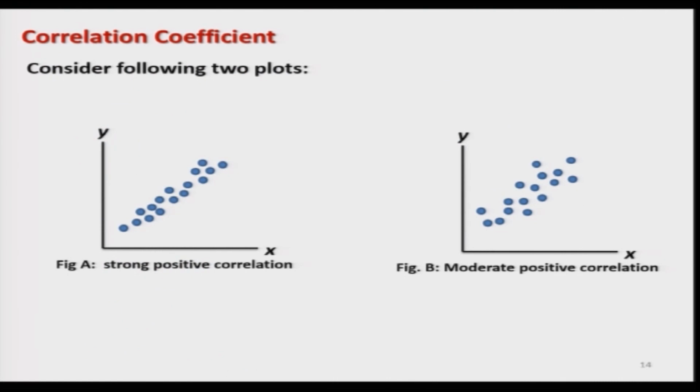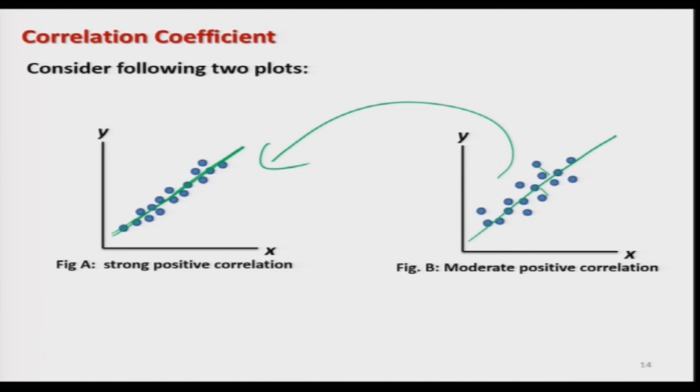Right. Now, if you consider these two pictures, they will give you an idea of the degree of correlation coefficient. You can see that in graph number 1 the points are very close to this line, whereas in graph number 2 the points are quite far away in comparison to the first graph.